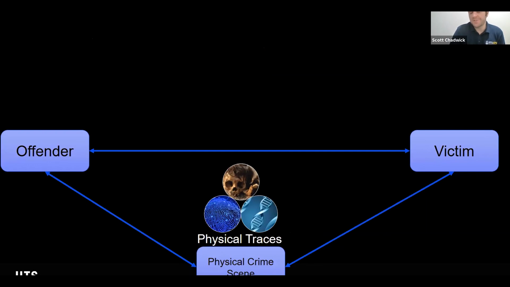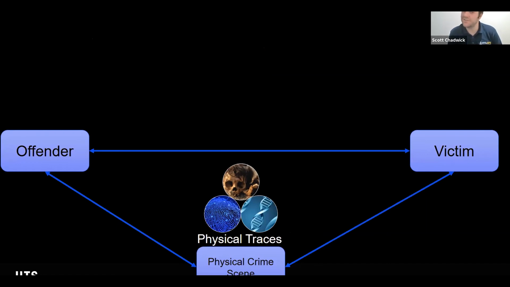I've already mentioned that when we've got crime scene officers attending the crime scene, they're collecting these traces or these pieces of evidence. And the reason why they're doing this is that they're trying to make a connection. This connection is important because it's trying to help us understand what has happened.